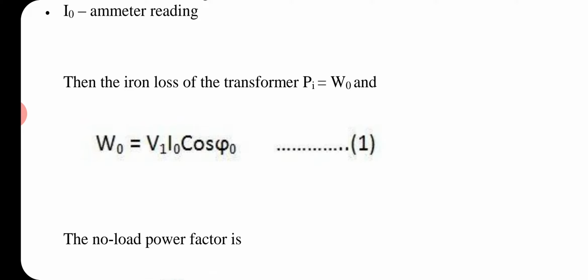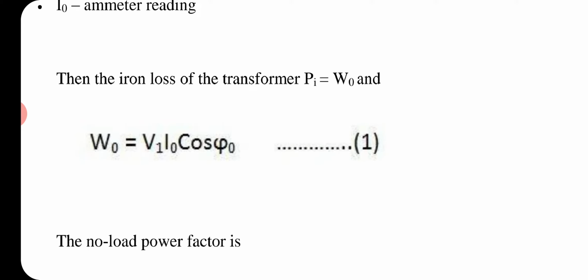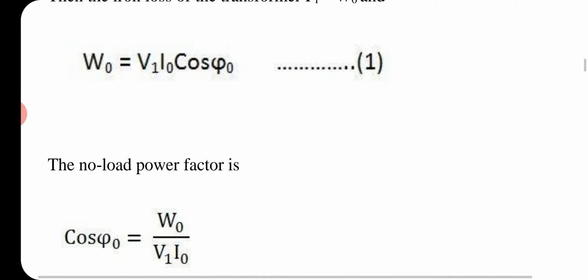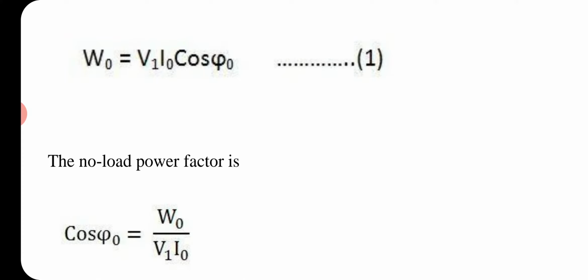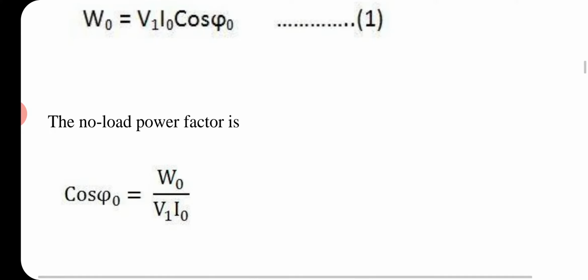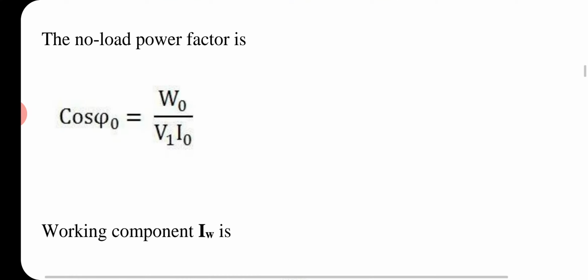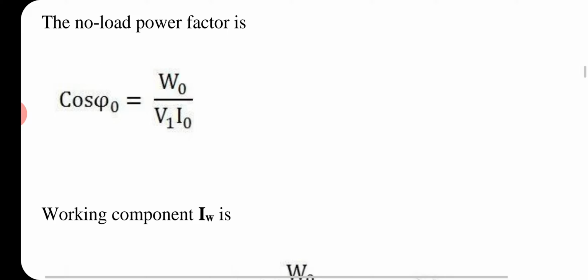So the iron loss of the transformer can be given as W0 = V1 I0 cos φ0, where V1 is the primary voltage, I0 is the no load current, and cos φ0 is the no load power factor. So this is equation number 1, and we can write cos φ0 as W0 upon V1 I0.